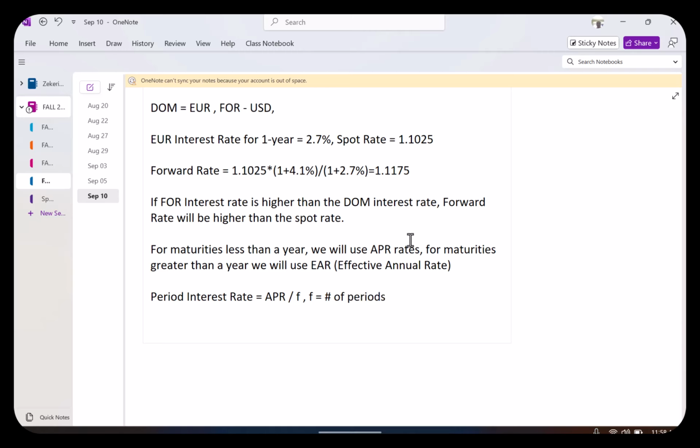Number of periods, or typically days divided by 365. Okay. So if we do a 3-month forward, that is typically 91 days, 13 weeks, and APR equals, let's say, 3%.